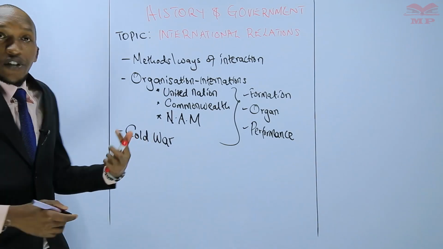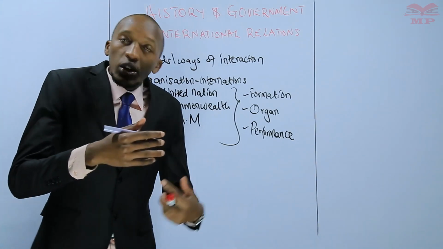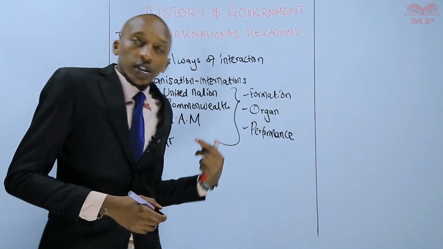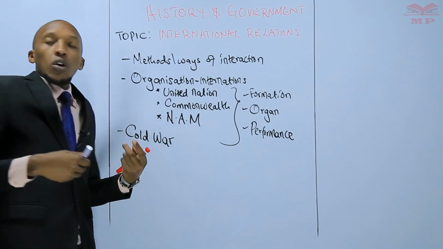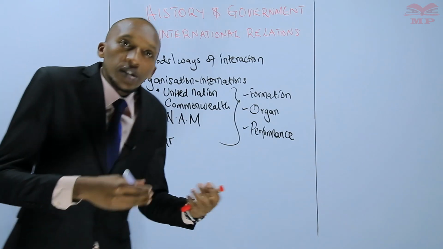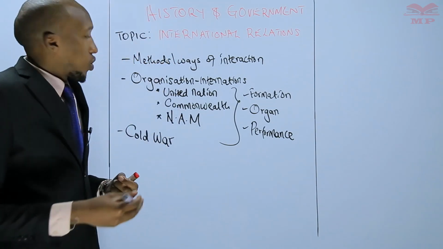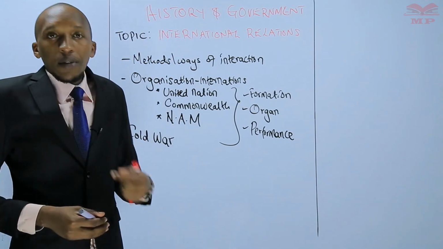Now, this was not a physical war like the World War that we had discussed in our previous topic. Now, this was a war of words, a war of propaganda, or economic sanctions. One country or one nation sanctioning another nation.